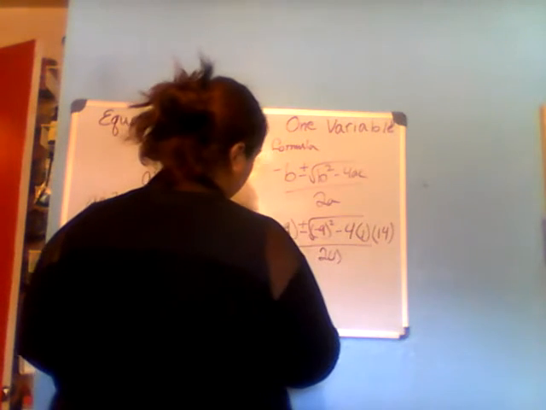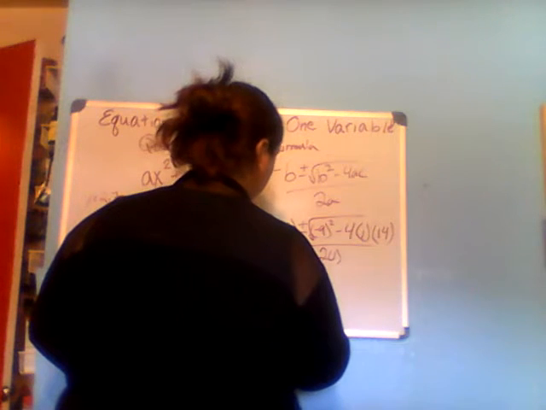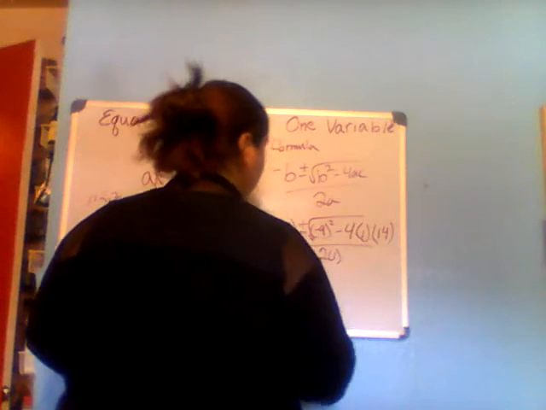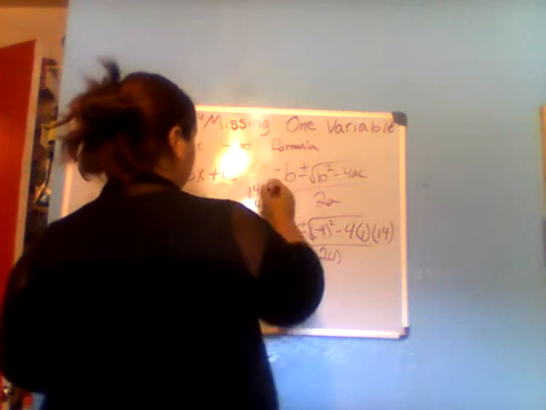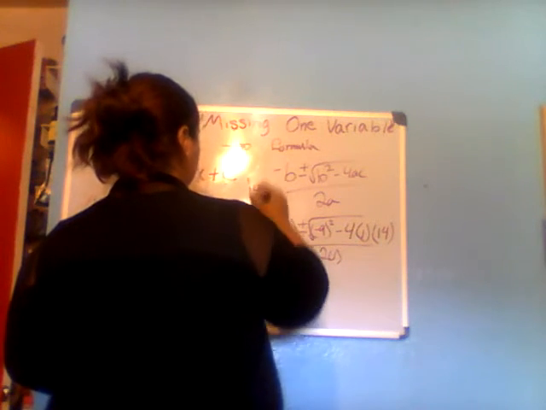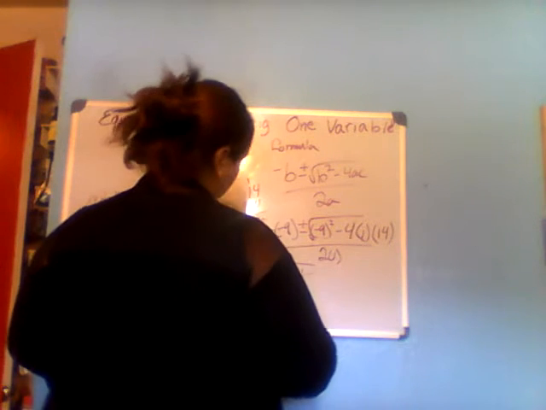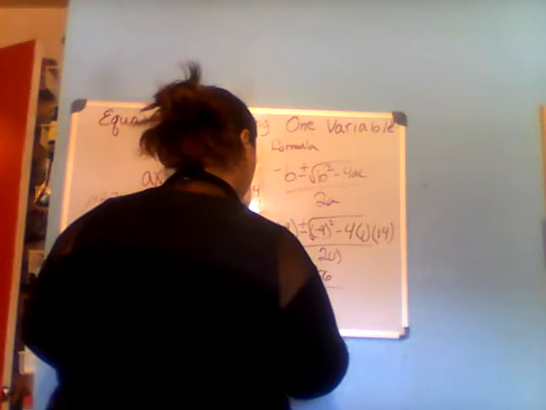Okay, so we have negative 9, which ends up being 9, plus or minus the square root of 81, minus 14 times 4. We'll just do this real quick, just to show some people still have to use multiplication from time to time. It doesn't always help. Okay, 56. Square root of that, all over 2.